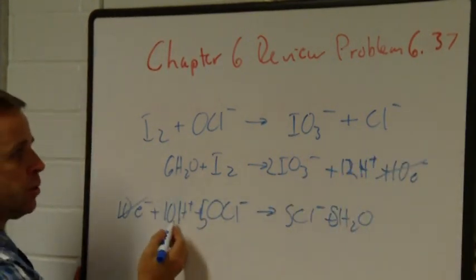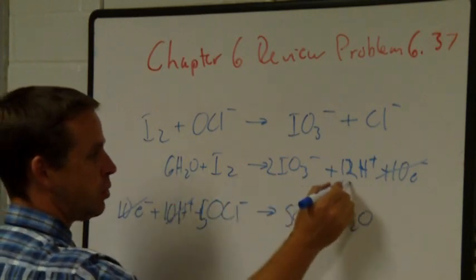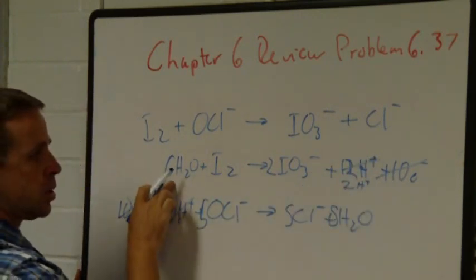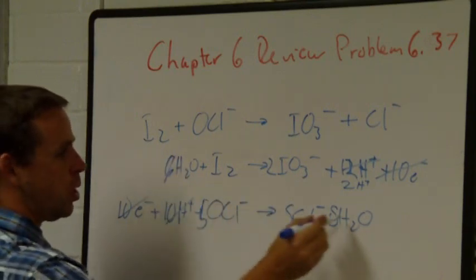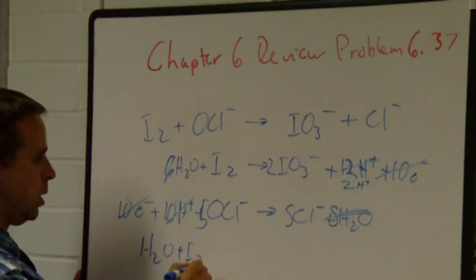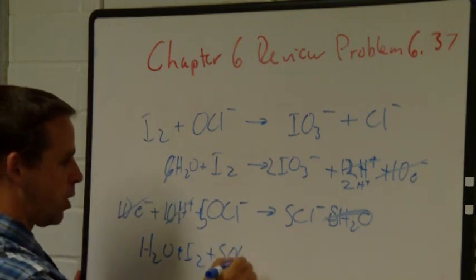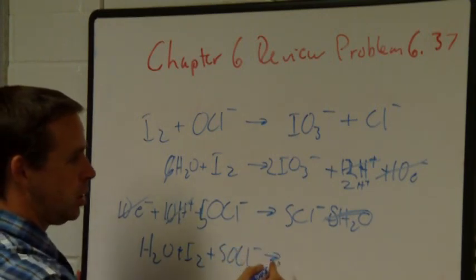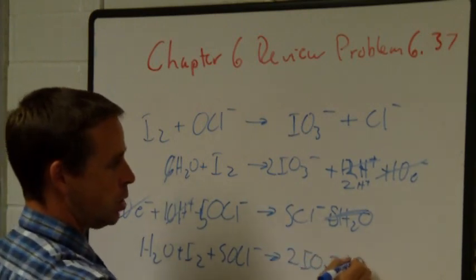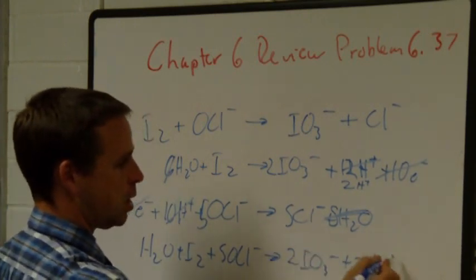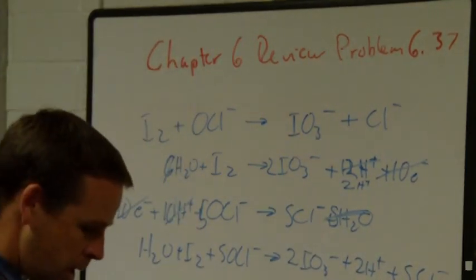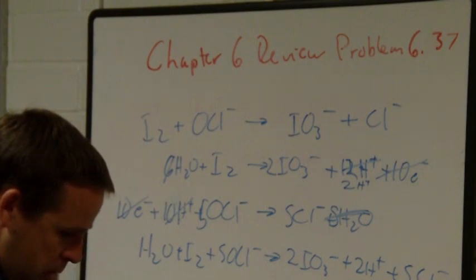We have 10 protons over here, 12 protons over here, so we should have 2 protons left on this side. 6 waters, 5 waters, and just 1 water left over here. So we have the water plus the iodine plus 5 hypochlorite ions, yielding 2 IO3 minuses, 2 H pluses, and then 5 chloride ions. All right, that was letter G.